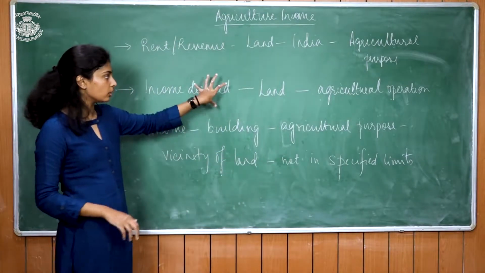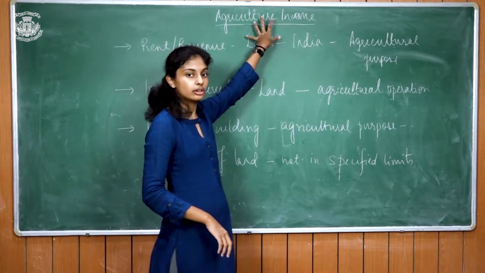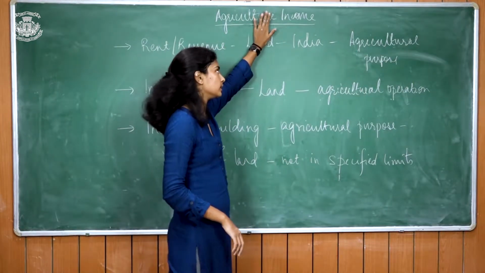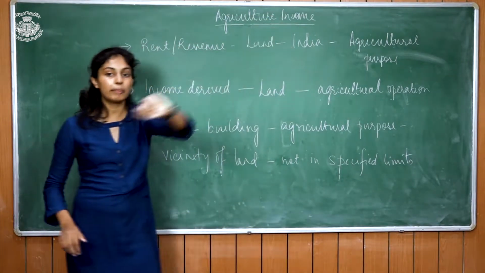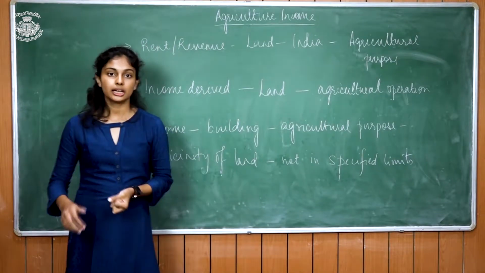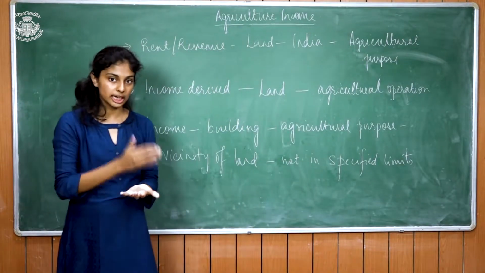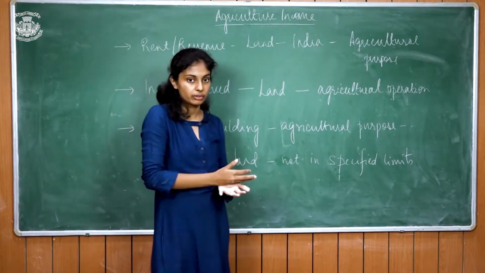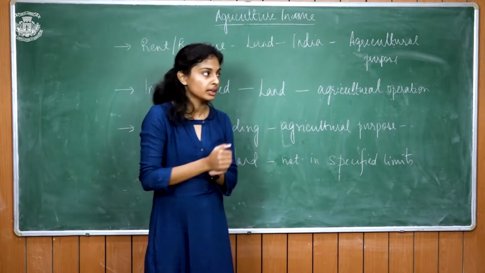Another thing to note is that if a partnership firm is engaged in agricultural operations and its main source of income is agricultural income, then the partners of such a firm also receive agricultural income. In the Income Tax Act, the nature of income in the hands of the partnership firm is the same as the nature of income in the hands of the partner.